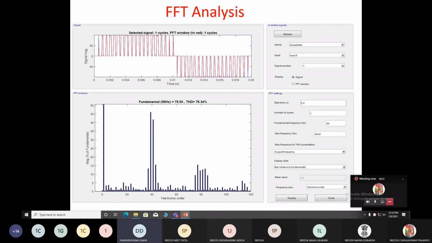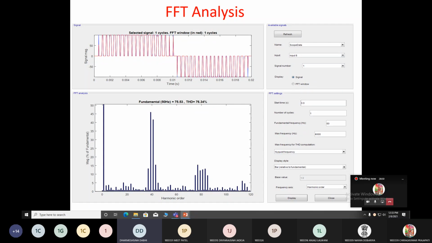So what happens here? The dominant harmonic frequency is increased. In the case of the bipolar technique, the first dominant harmonic is at the 20th order. But in this case, the first dominant harmonics are 39 and 41. So what is the advantage of this technique? Because of the higher dominant harmonic frequency, you require a small size of filter to remove this harmonic.